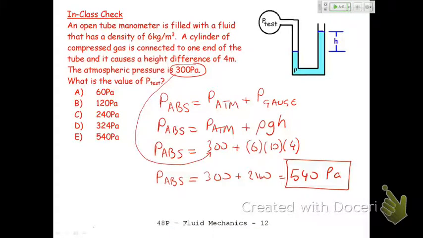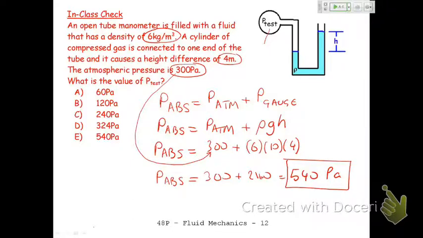So here it is. We basically said, well, we recognize that P test is just the absolute pressure. So that's going to be atmospheric plus our gauge pressure. Atmospheric we're given, that's 300 Pascal. Gauge pressure is rho g h. We're given rho, we're given h, and we know g is 10, so it's plug and chug at that point.